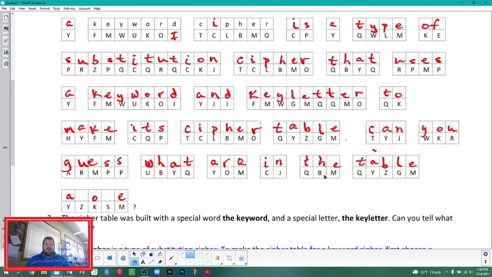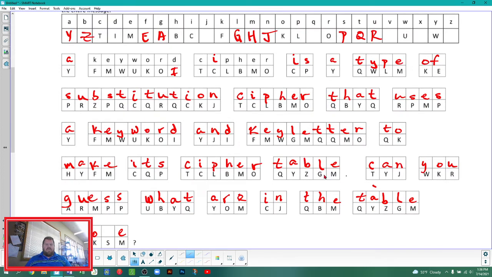R. A blank O blank E. Oops. I want to write that. Well, a B O V E. So V is S. So it says a keyword cipher is a type of substitution cipher that uses a keyword and a key letter to make its cipher table.